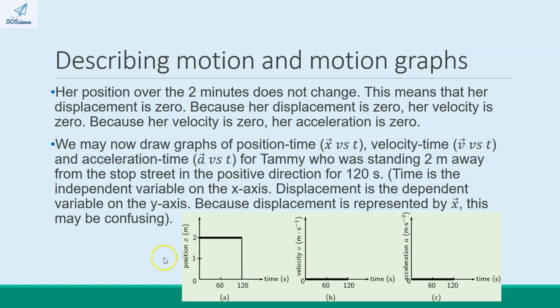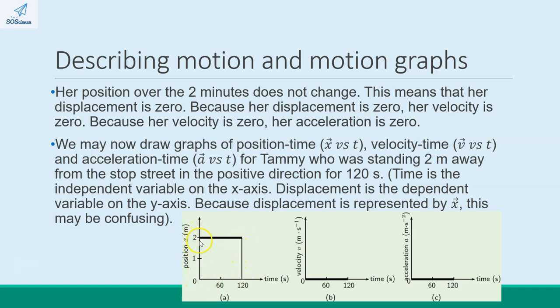But now we need to consider the position time graph, velocity time graph, and acceleration time graph. So in terms of the position time graph, Tammy's standing 2 meters away from the point of reference, which is here, in the positive direction. Hence, it is in the first quadrant for 120 seconds.